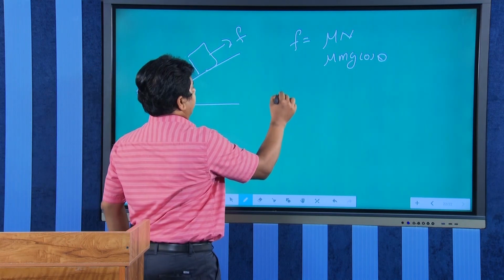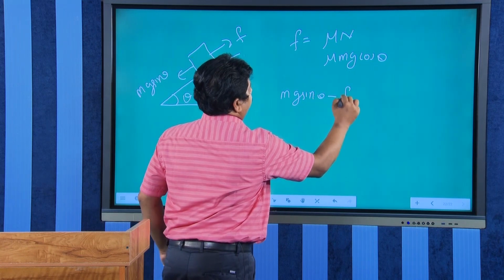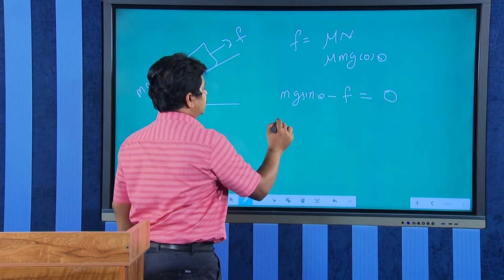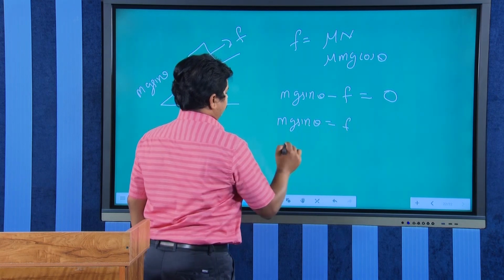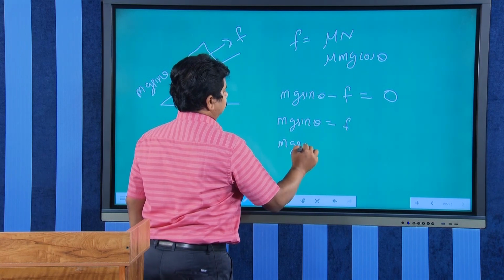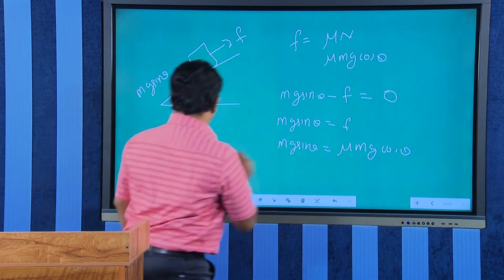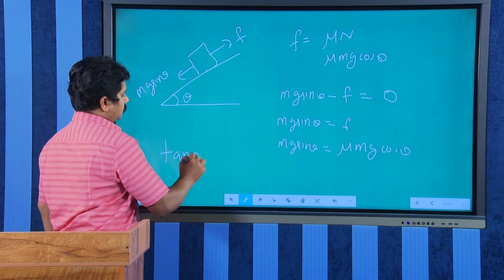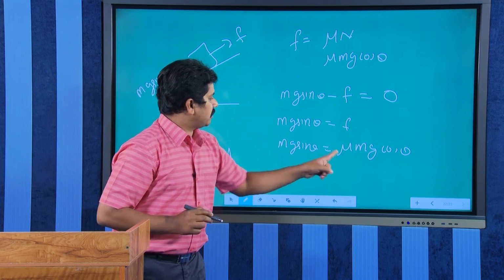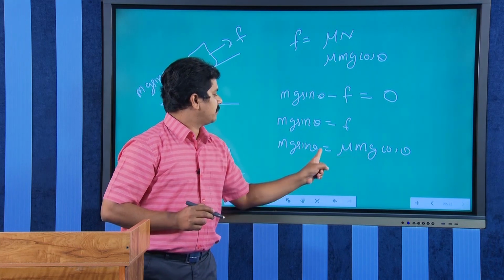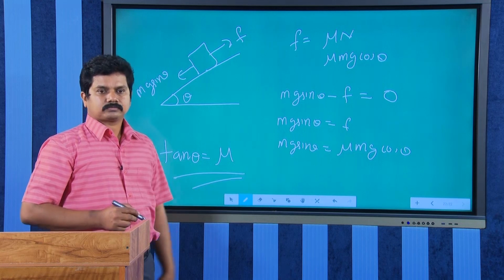So, mg sin theta minus f equal to 0, or mg sin theta equal to f, or mg sin theta equal to mu mg cos theta, or tan theta equal to mu. The g and m get cancelled, so sin theta by cos theta becomes mu. So, tan theta equal to mu.